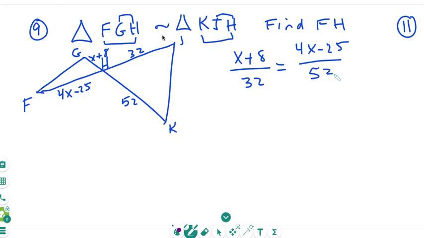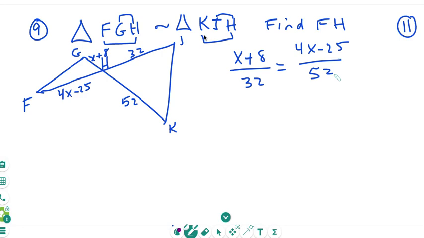So notice that I'm using the labels of the triangles to make sure that I have my corresponding parts, not just looking at the figure, but looking at how they've been labeled, because they have to use corresponding parts to label. All right, so now we're going to go ahead and do some rainbowing.